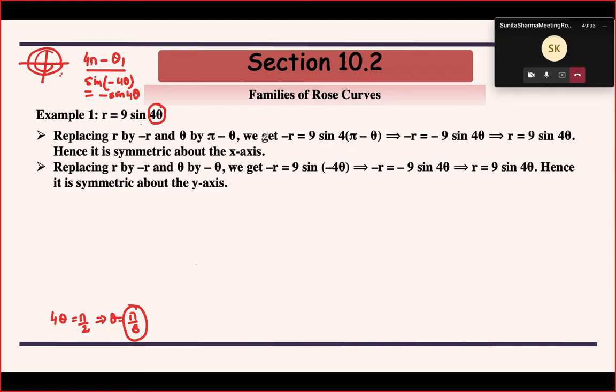Ma'am, one question: if it is symmetric about the x-axis, there are two chances, that the first would be replacing theta by minus theta, and the second would be replacing r by minus r and theta by pi minus theta. Yes, so both would imply that the graph is symmetric to the x-axis.